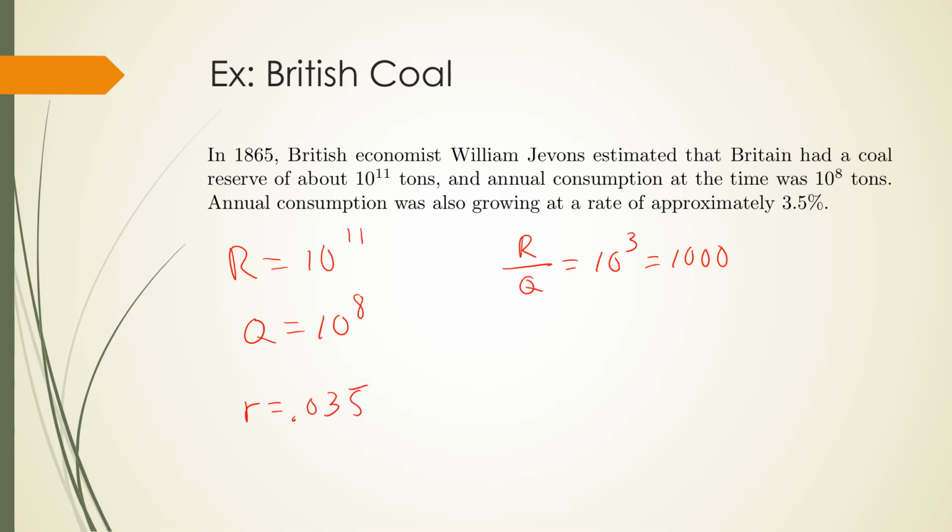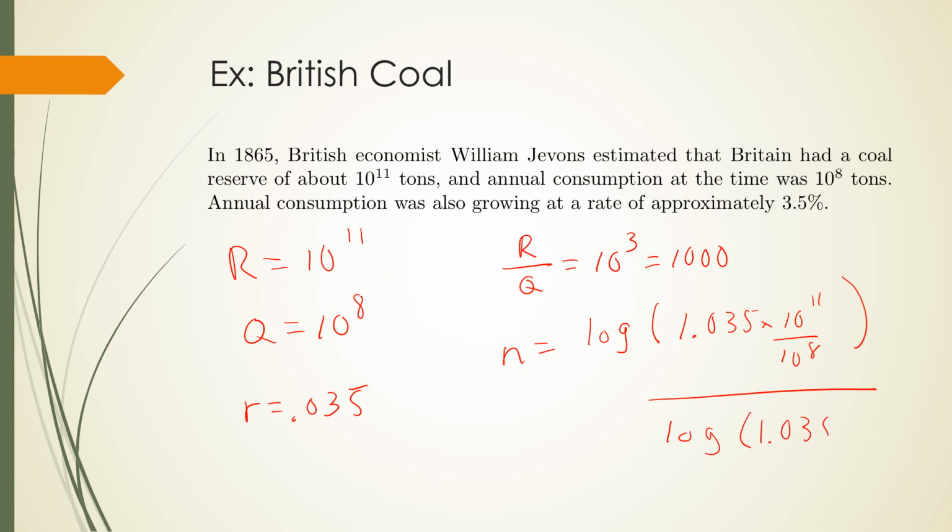Therefore, we can use the exponential reserve index formula to predict how long British coal would last. Look at N is equal to the log of 1.035 times 10 to the 11th over 10 to the 8th, all divided by the log of 1.035.